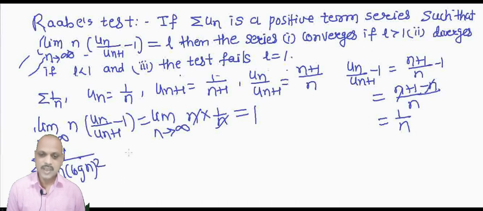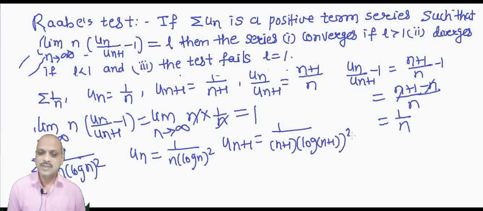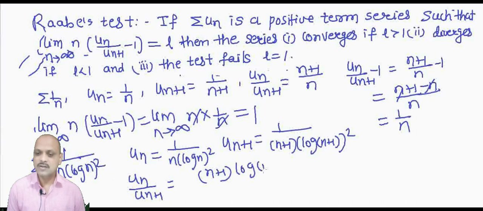So we have un equal to 1 divided by n into log n whole square, un plus 1 equal to 1 divided by n plus 1 into log n plus 1 whole square, and un divided by un plus 1 equal to n plus 1 into log of n plus 1 whole square divided by n into log of n whole square.